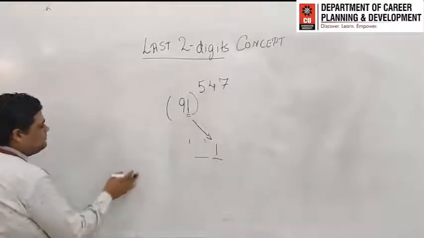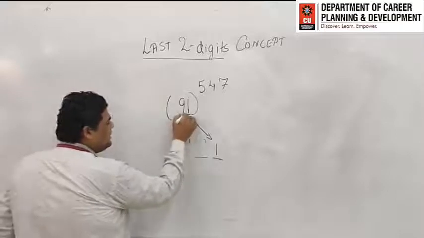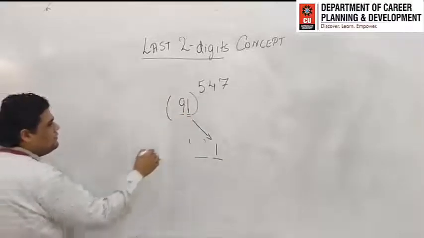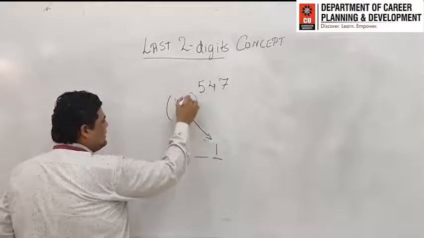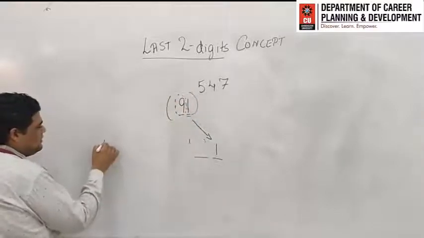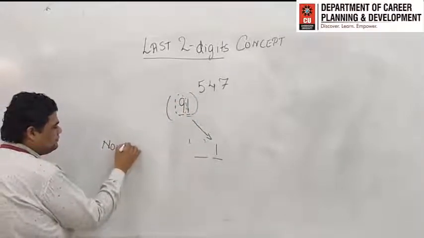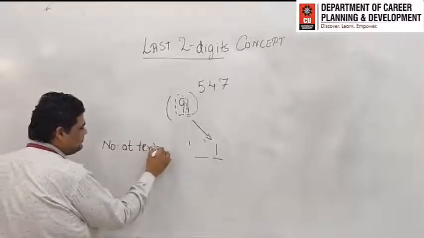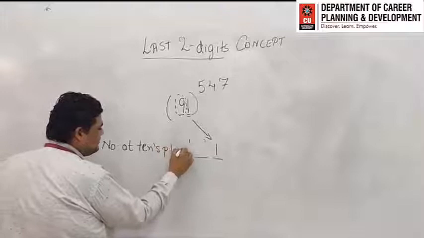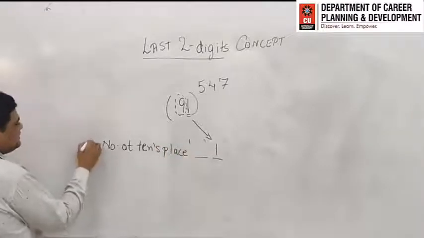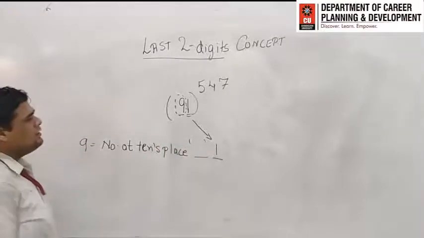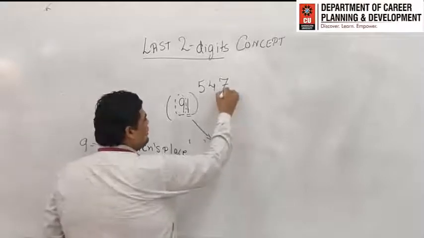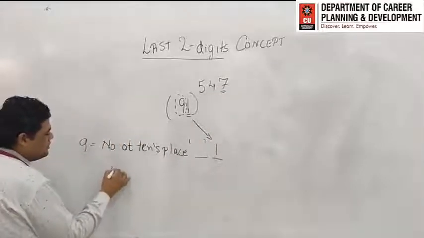The concept is: take the number at the tens place of the given number. Here the number at the tens place is 9. Firstly we have to pick that. Then take the unit value of the power.